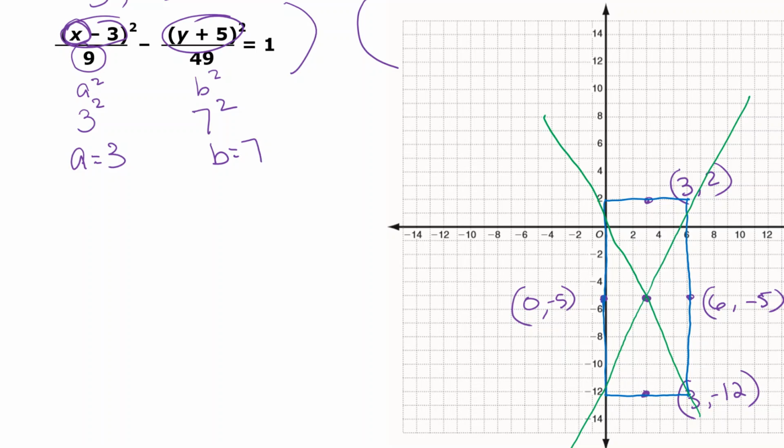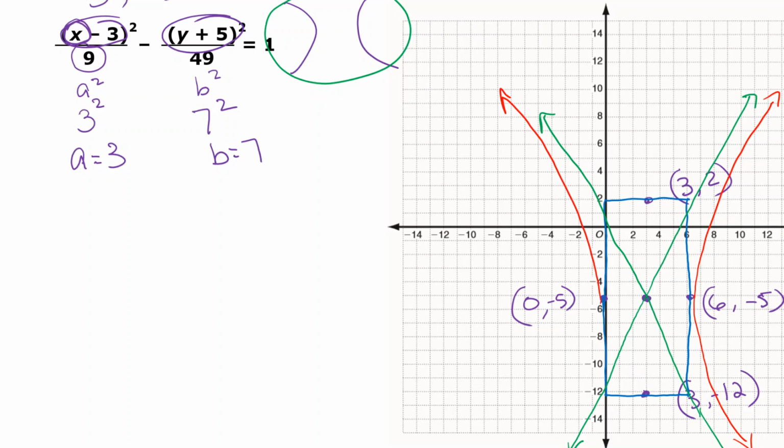So there's my asymptotes, and I remember that my graph needs to look like this, so I can go ahead and graph that in. I'll graph it this color. And there's that. And notice that I started at my vertex, and I never go past my asymptotes. So that's what our graph is actually going to look like.